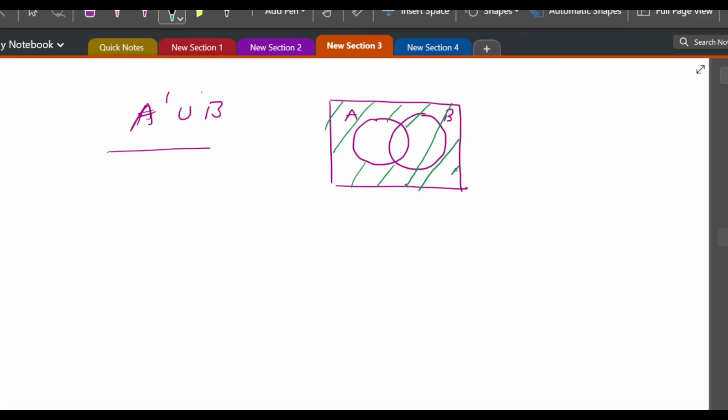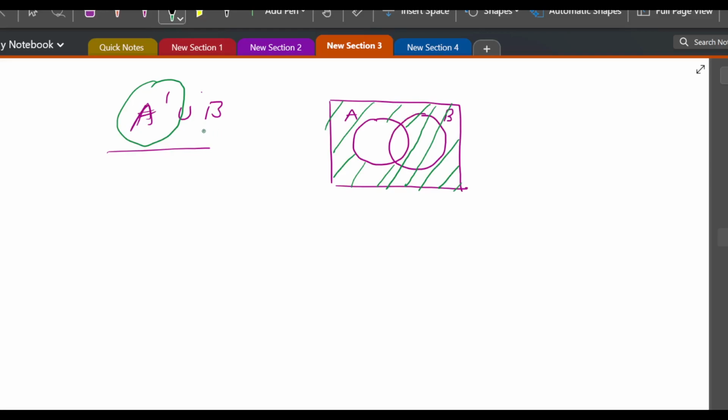See, first my question is A complement. So for A complement, I will only concentrate on A. Whether B is there or not is not my concern. A complement means everything except A. So I have not shaded the intersection part with green, because that intersection is also a part of A, and I don't want A. Is this clear?